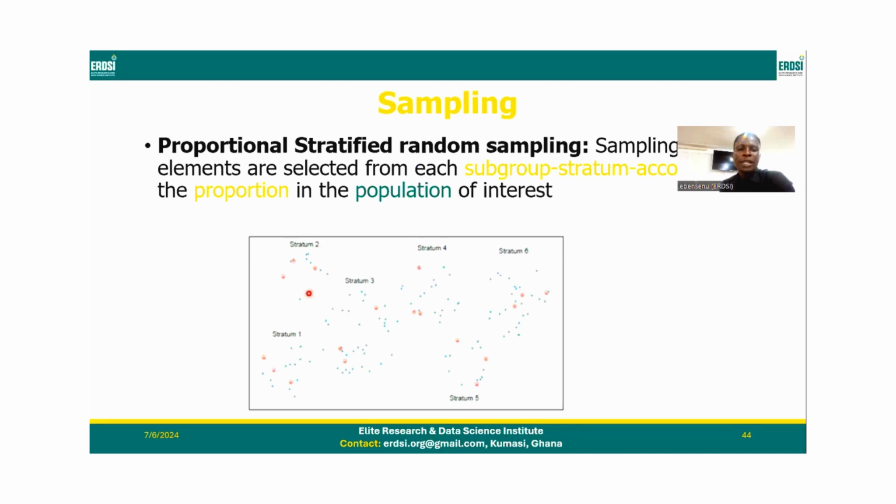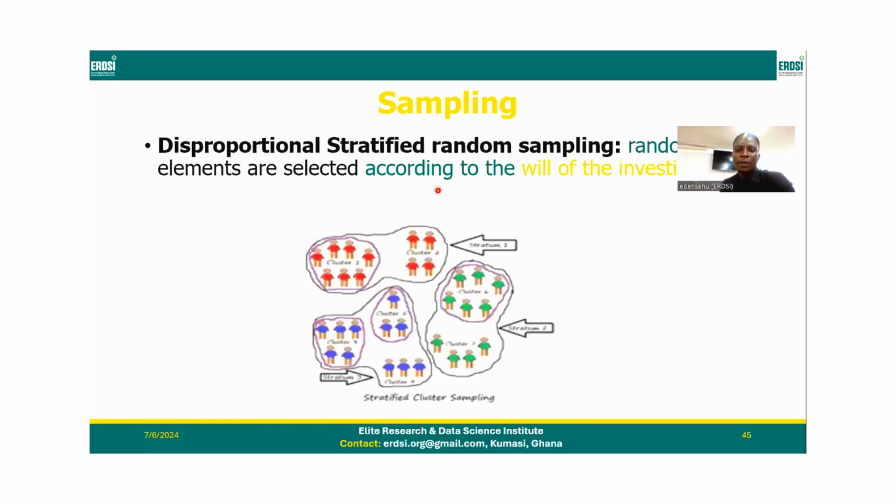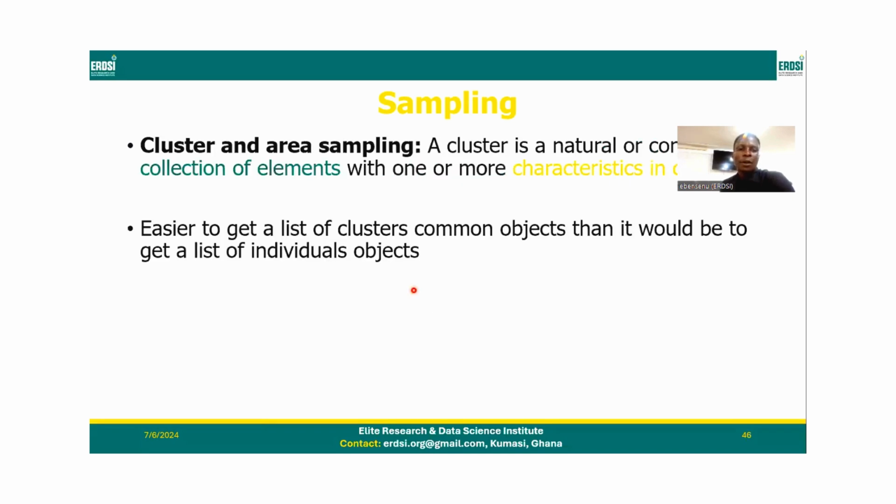Already we have communities. Based on the population, for example, stratum 1 has a small population compared to stratum 3. It means that we recruit more people from the community with a lot of population. That's called proportional stratified random sampling. Or we can also look at disproportional, where, based on the researcher, you can choose to sample more from a particular community or not. Or cluster, where you first divide them into clusters, then you sample them.